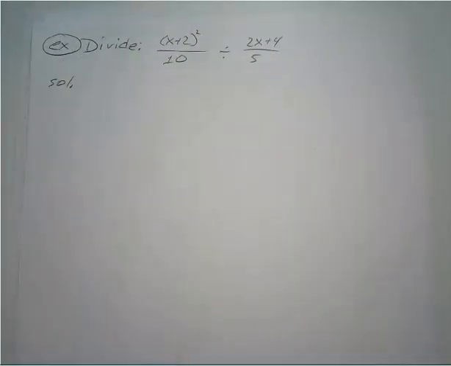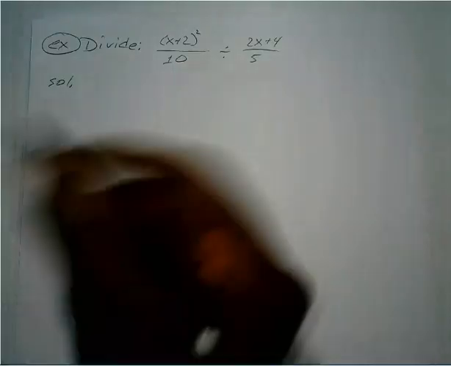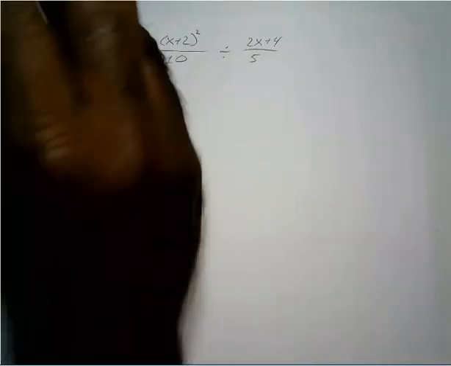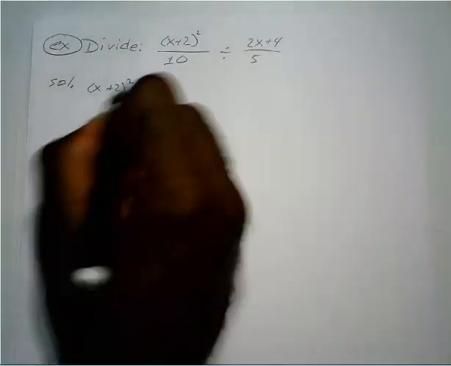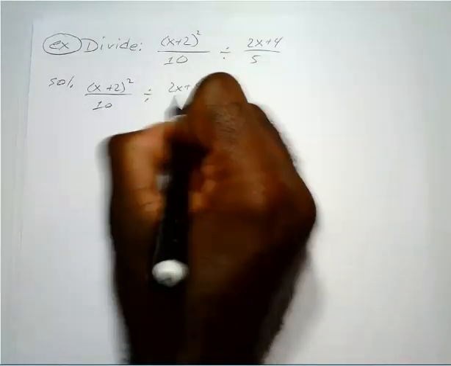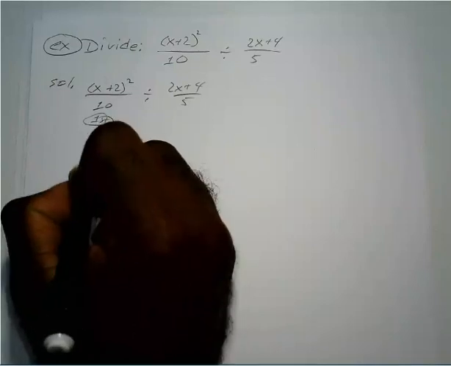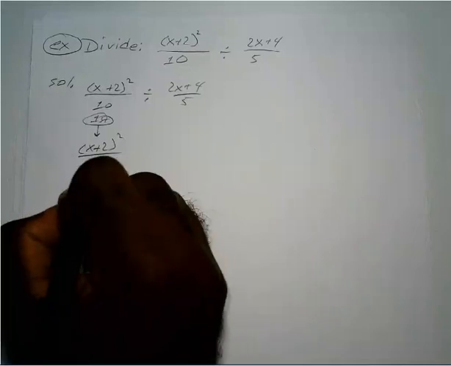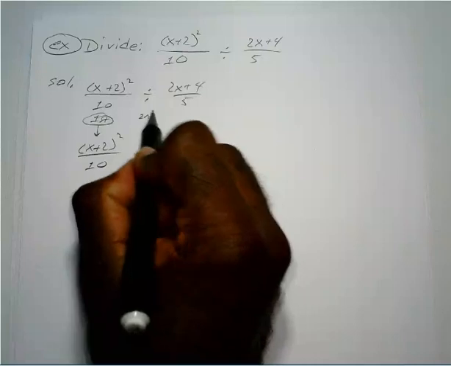Remember the first thing you want to do is rewrite it. So x plus 2 squared over 10 divided by 2x plus 4 over 5. Remember your first step, write down your first fraction, so that stays x plus 2 squared over 10. Now remember your second step, your division changes to multiplication.